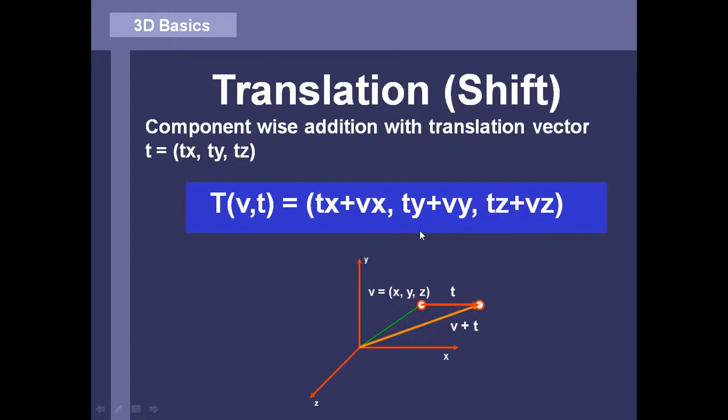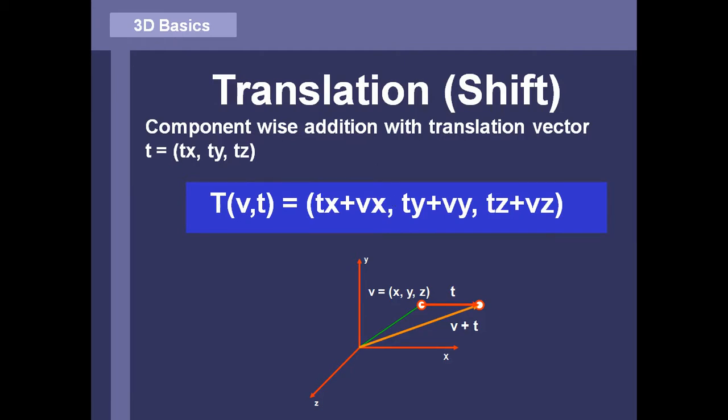And translation is component-wise addition with a translation vector Tx, Ty, Tz. You may think of it as T with subscript x, T below y, and T below z. So what is translation? You are translating or shifting the value.